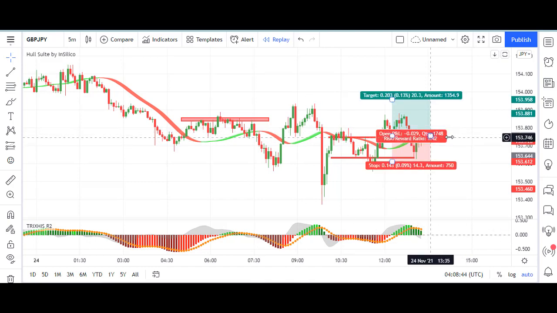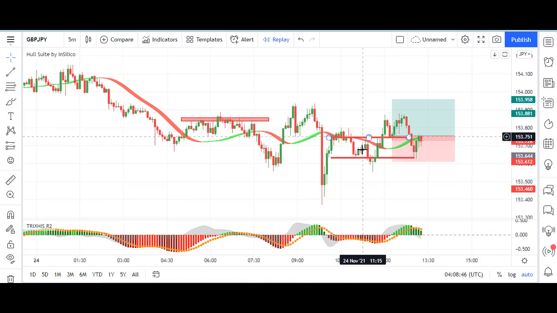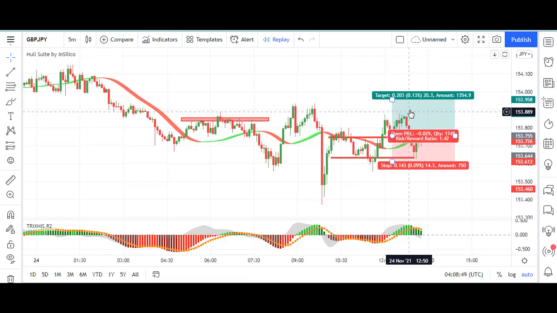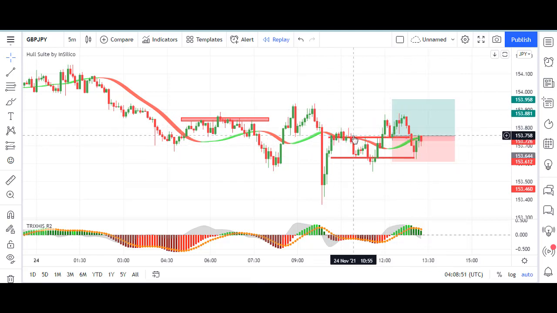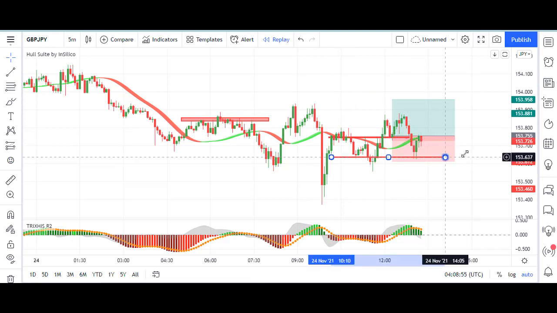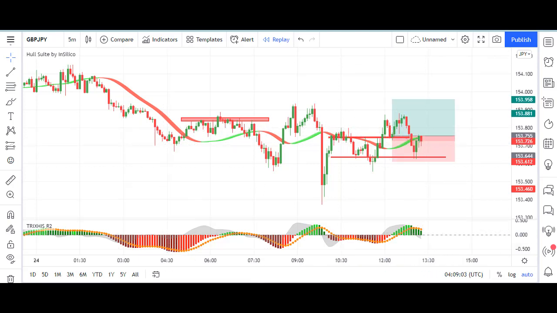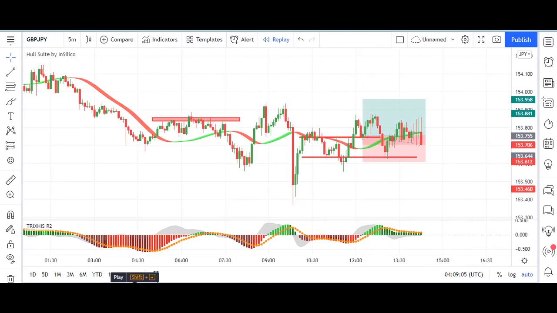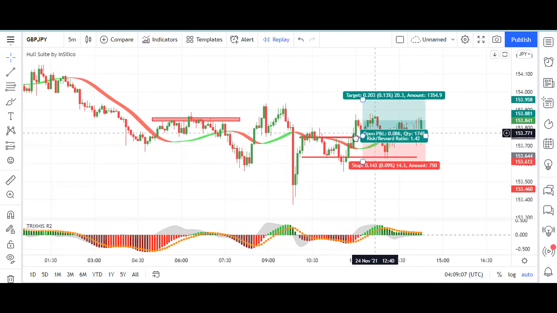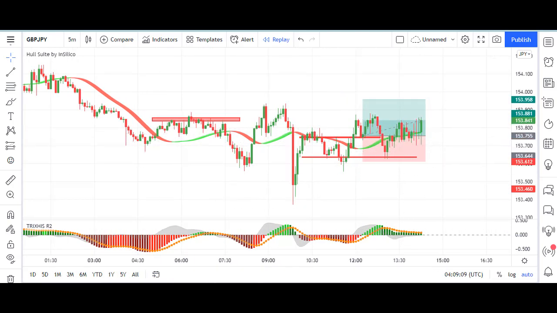In here, as you can see, the market failed the breakout and came right back into the trading range once again. So if you're scared, you can get out at break even here. I'm scared because the market is now in the trading range.